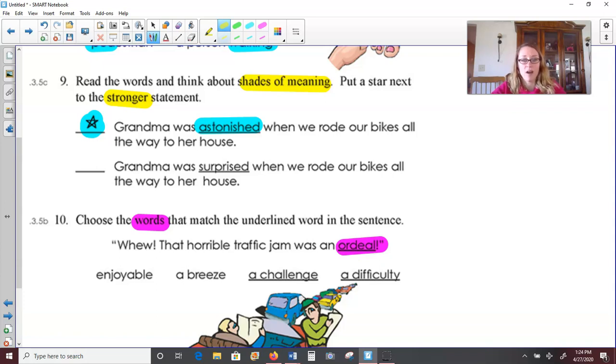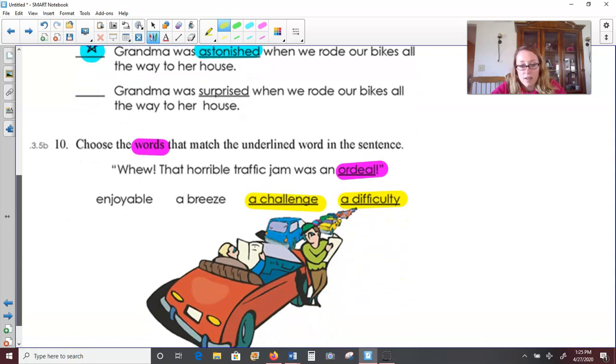Easy? No. It would be a challenge, that's for sure, and a difficulty. It would make your travel very difficult. So an ordeal is a challenge and something that is difficult. Okay? And you can see these guys just are relaxing in the traffic jam, making the best of it.